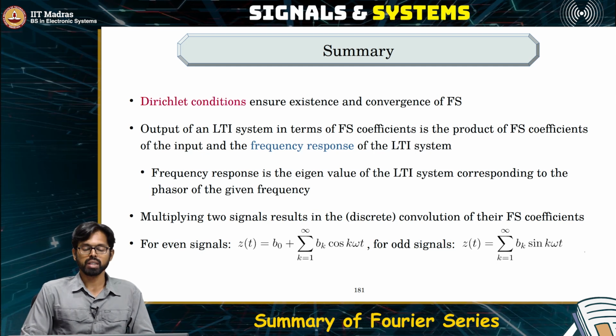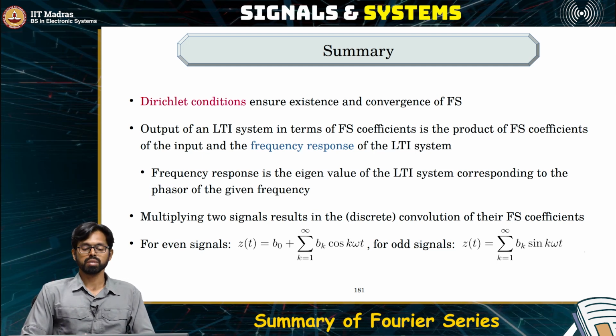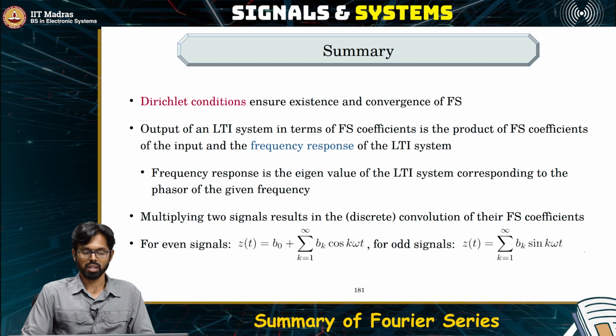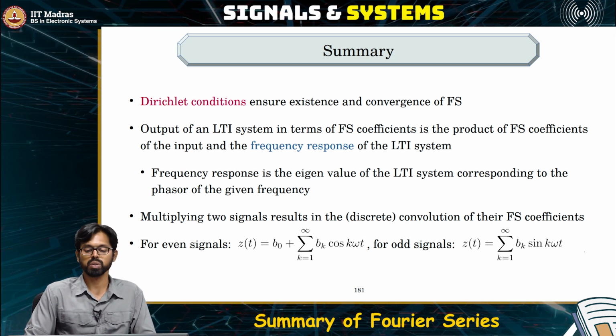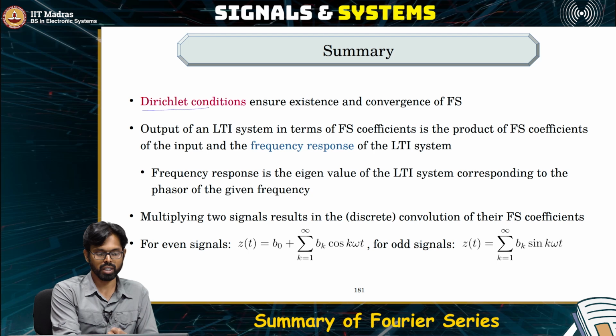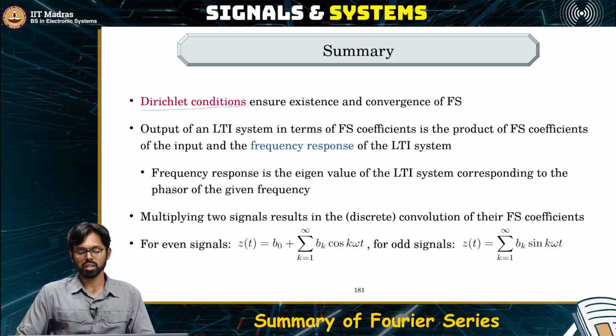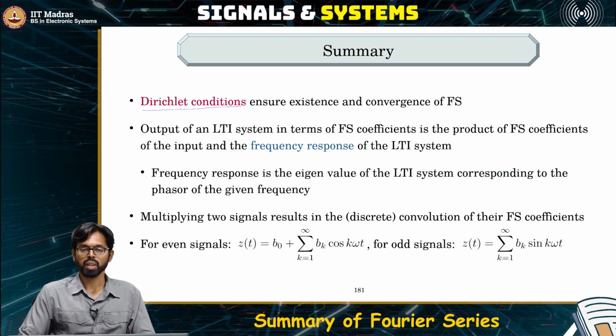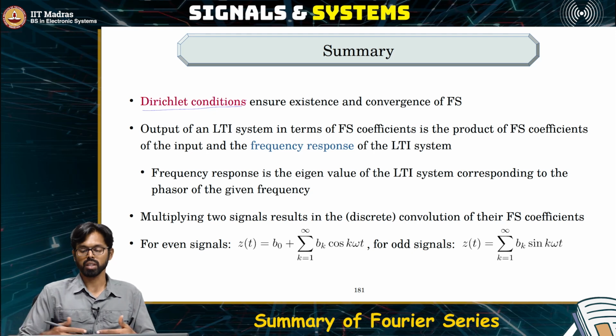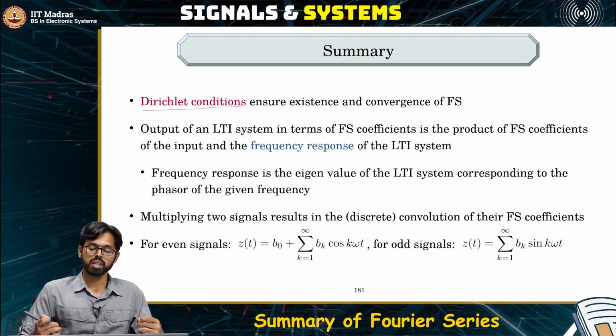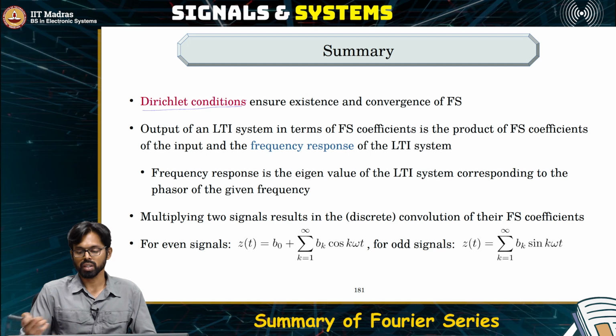All this analysis will work only if the Fourier series converges and exists. And we saw a set of conditions for which this is true, and we call those the Dirichlet conditions. The Dirichlet conditions ensure that the inner product exists, and whenever there is a discontinuity, the Fourier series will converge to the average of the left and right limits.